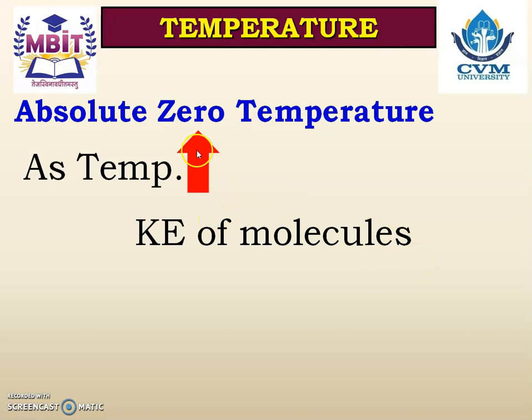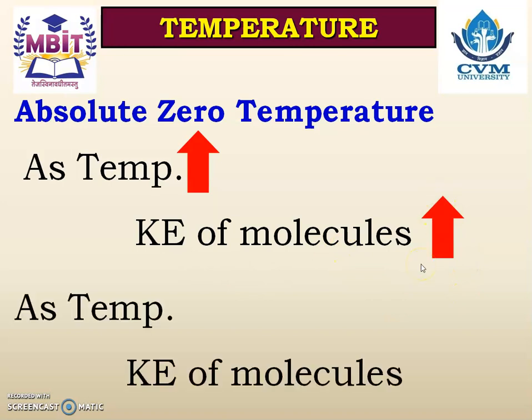If temperature increases, the kinetic energy, that is the velocity of the molecules, also increases. And when temperature decreases, the kinetic energy of the molecules, that is the velocity of the molecules, also decreases. So that is the relationship between temperature and kinetic energy of the molecules of any system.